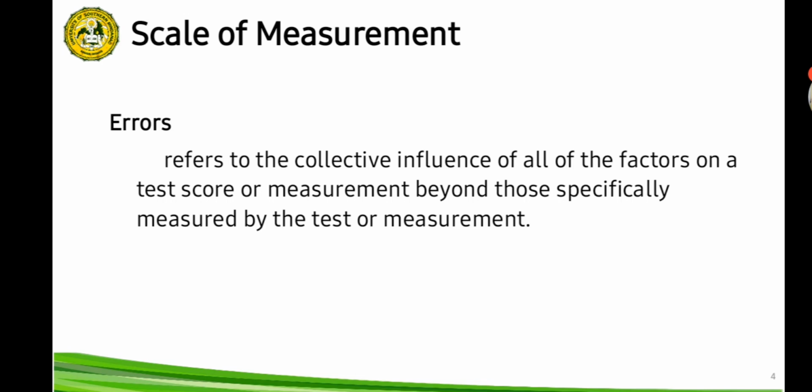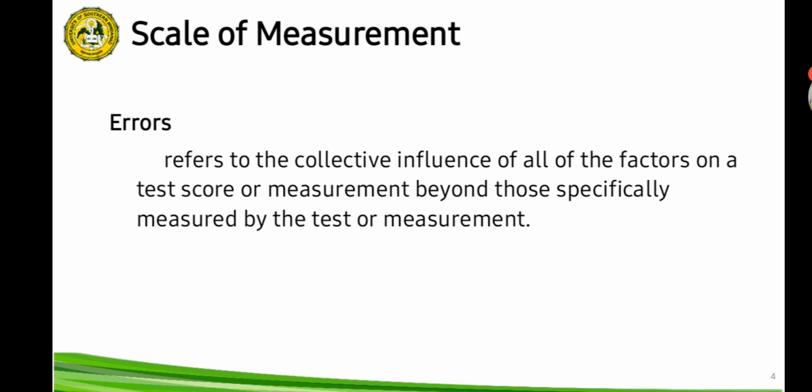We might conceive of a part of the score as reflecting the test taker's knowledge of American history and part of the score as reflecting error. The error part of the test score may be due to many different factors. One source of error might have been a distracting thunderstorm going on outside at the time the test was administered. Another source of error was the particular selection of test items the instructor chose to use for the test.